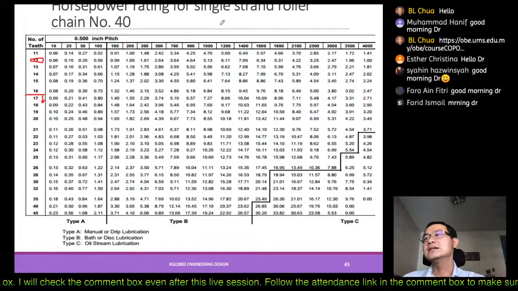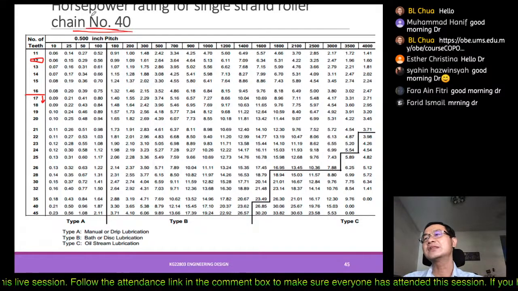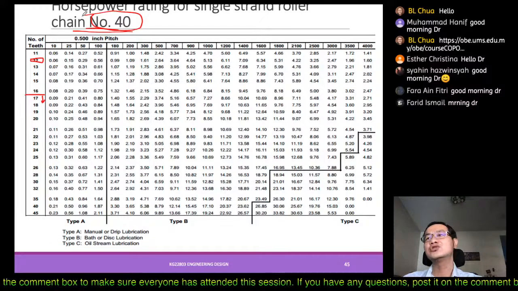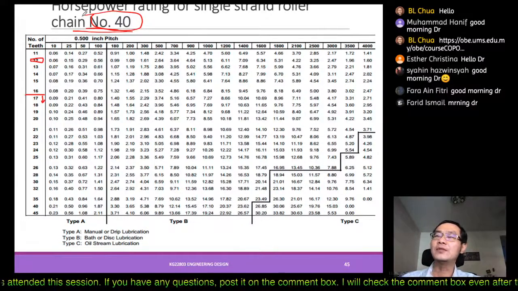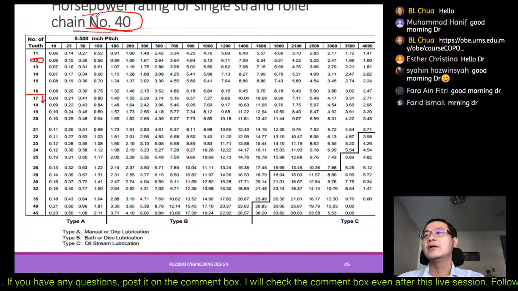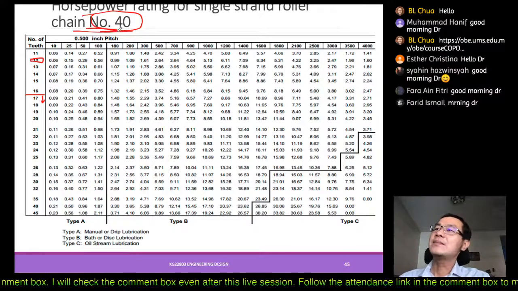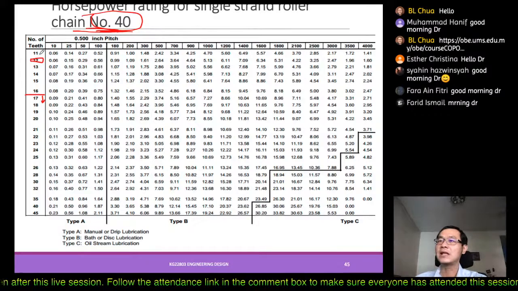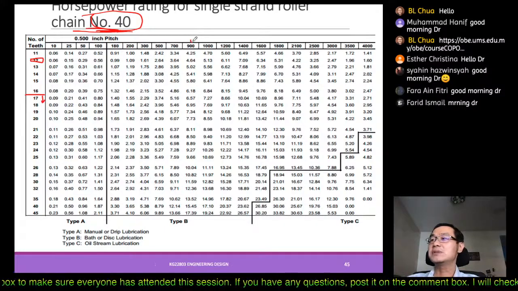This is the single strain for a chain number 40. This number 40 is the type. For the belt we have the A, B, C, D types and so on; in the chain we have types called number 40, 60 and so on. This type number can be applied to different numbers of sprocket teeth, 10, 11 and so on, and this is the rotational speed.